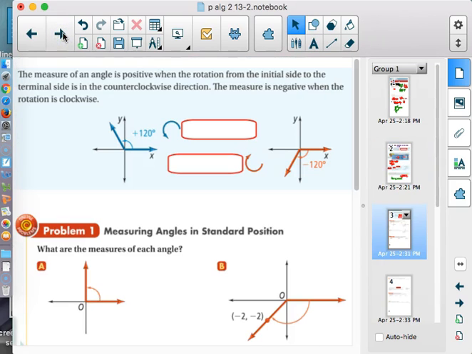The measure of an angle is positive when the rotation from the initial side to the terminal side is counterclockwise. Like I said, that's kind of counterintuitive for us because we think clockwise should be positive. The measure is negative when it's going to be clockwise. So notice the little arrows that help us figure out, oh, this one's going counterclockwise, that must be positive.